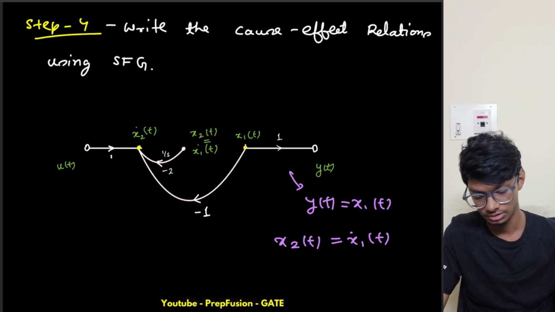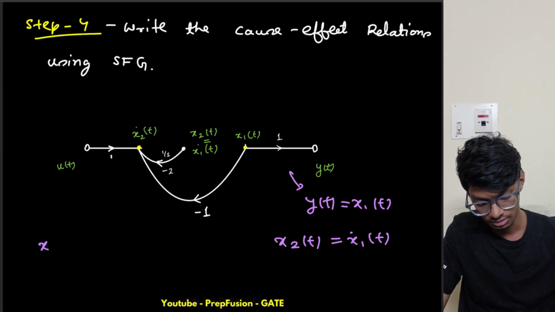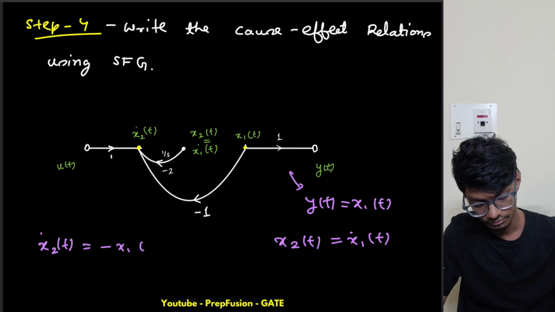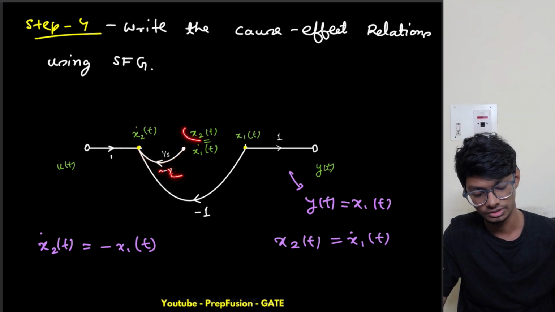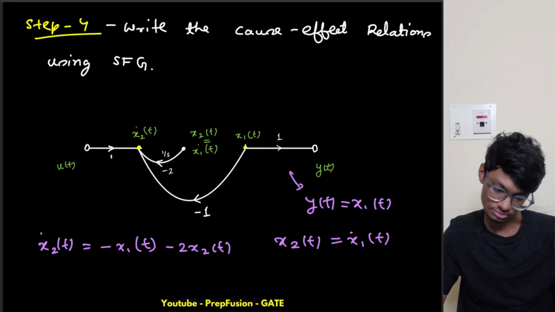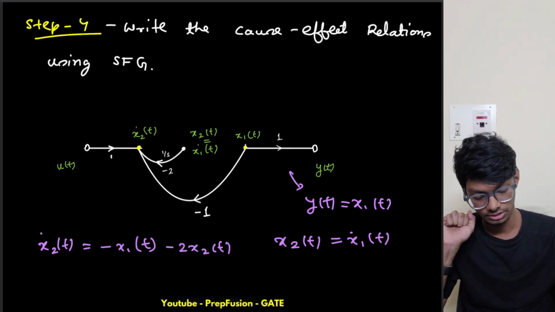How will I write? x2 dot of t equals what is incoming here: x1 of t times minus 1, so minus x1 of t, and minus 2 times x2 of t.